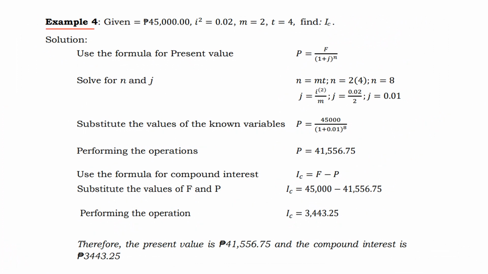So for example number 4, given this is your F, which is 45,000 pesos. Your i^(2) is 0.02. Your m is equal to 2, meaning to say it is compounded semi-annually. Your t is 4 years. Find IC.